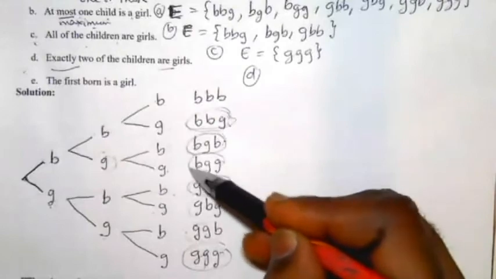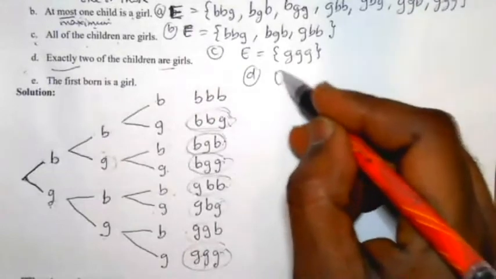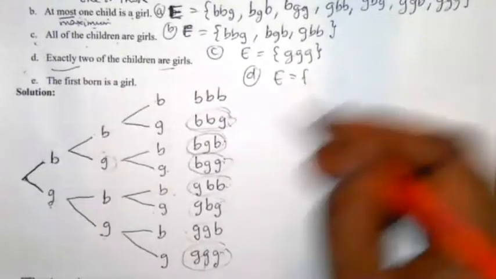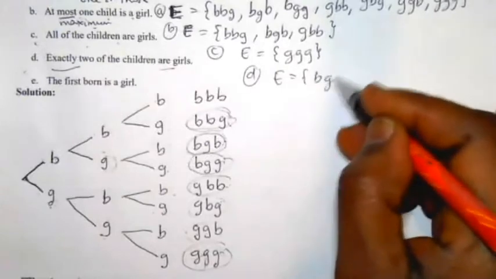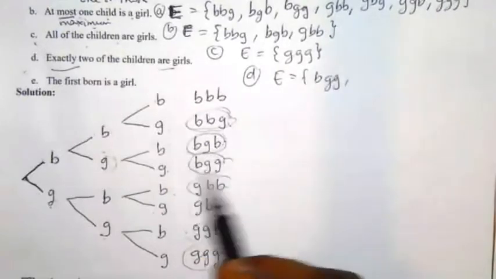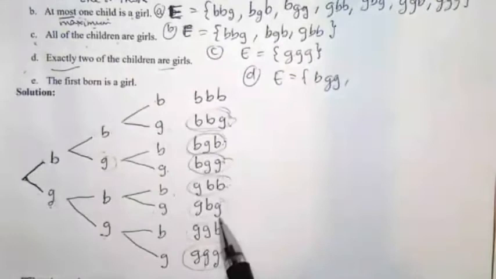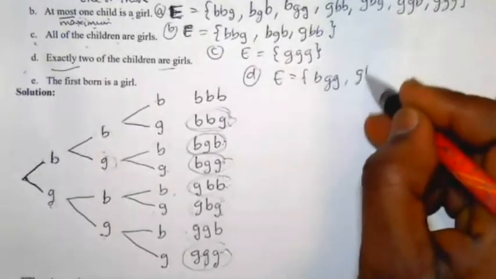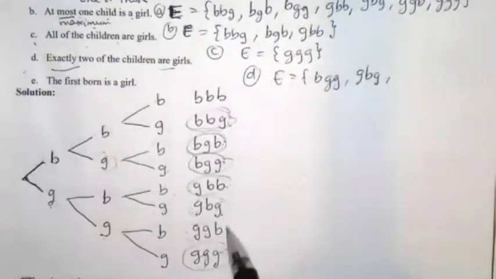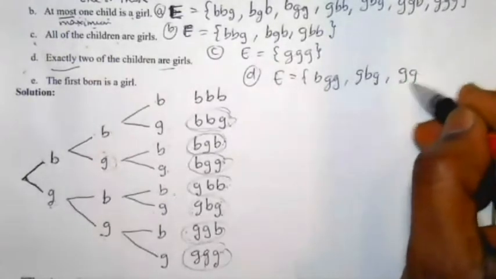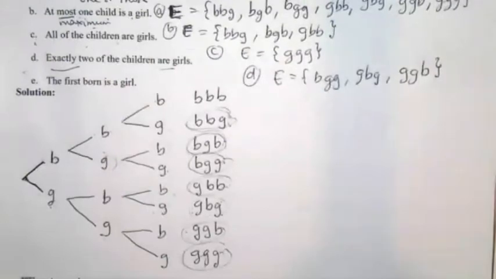This is one, event B, G, G. We have another one here, exactly two: G, B, G. And then another one, exactly two: G, G, B. So those will be the events where exactly two are girls.